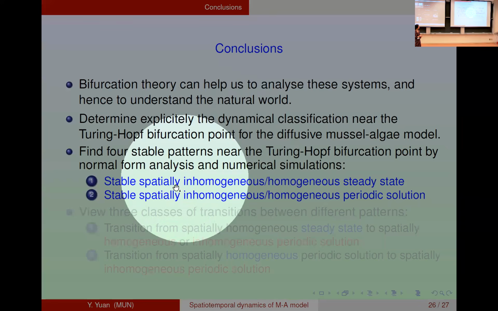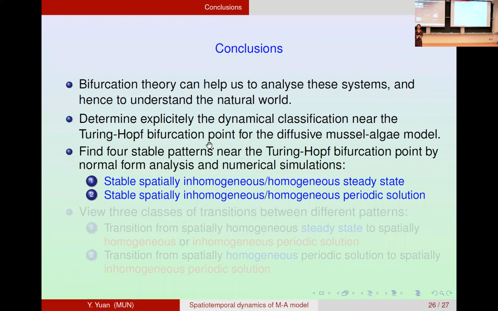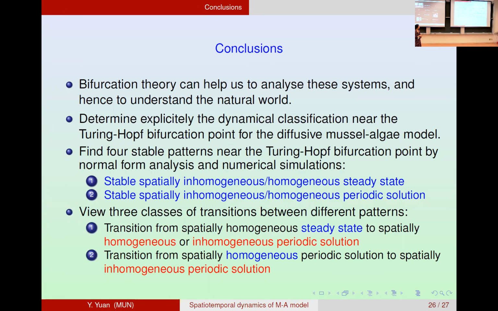The spatially stable, inhomogeneous solution is more interesting because it's the result of the interaction of the Turing and Hopf modes, and also the three transitions. Just want to mention that how to predict the real system's patterns for models with both diffusion and advection is one of the future topics.